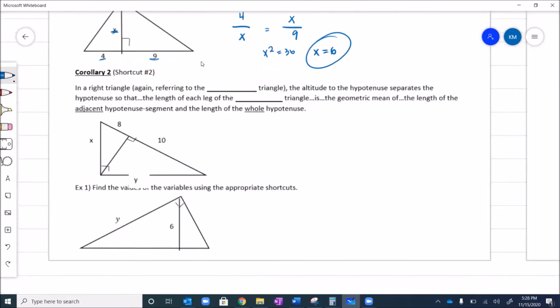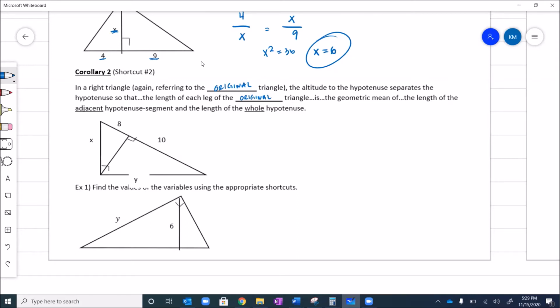Corollary number 2 says that in a right triangle, again referring to the original triangle, the altitude to the hypotenuse separates the hypotenuse so that the length of each leg of the original triangle is the geometric mean of the length of the adjacent hypotenuse segment and the whole hypotenuse.